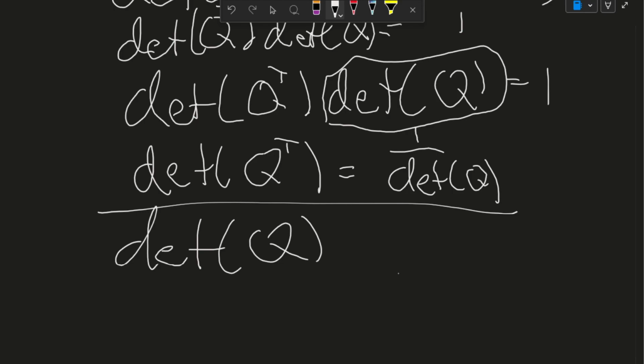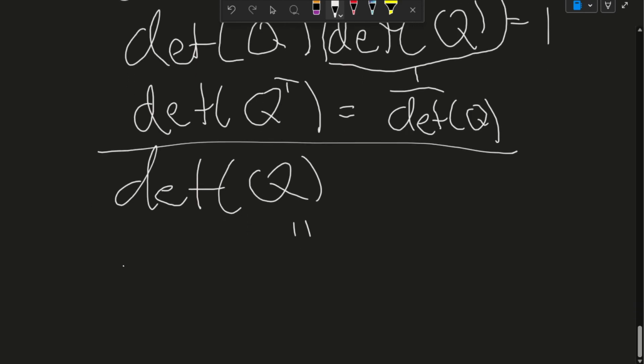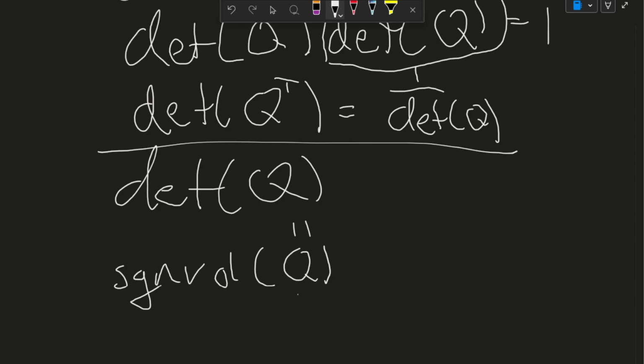So if you remember my original description of the determinant, it's just the signed volume function, right? So it's just this signed volume of Q. But I've already said that the columns of Q are all orthogonal, and they're all length 1.